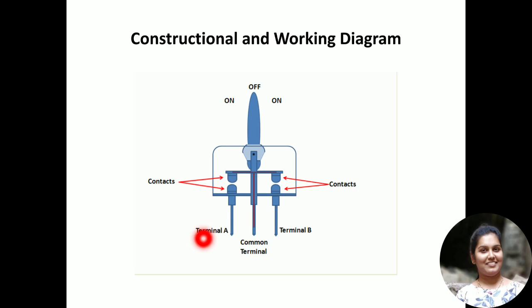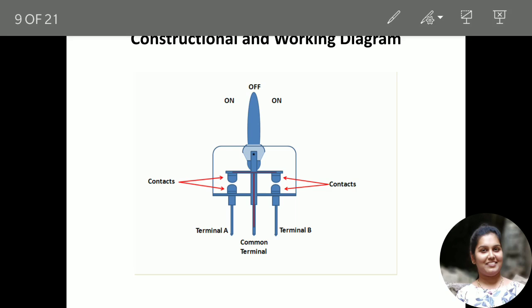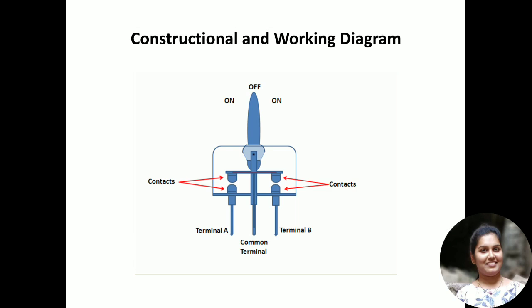So for this particular construction displayed on the screen, 2 different circuits can be connected. And coming to the operation, when the toggle switch is in the position shown in the figure, then the switch is in off condition.